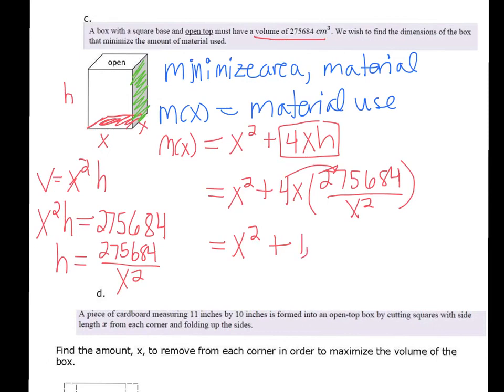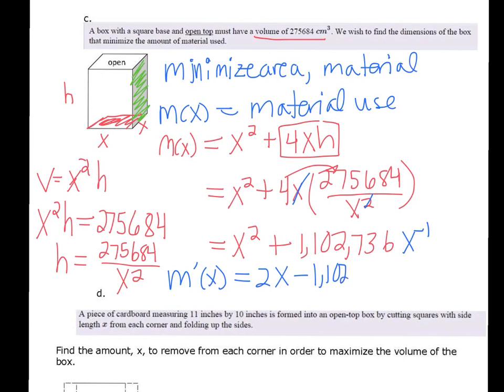I'm going to get 1,102,736, and we can divide out 1x with 1x. We're left with an x in the bottom, but I'm going to bring it up to the numerator and make it x to the negative 1, because my next step is to take the derivative. So the derivative is 2x minus the 1,102,736 x to the negative 2.